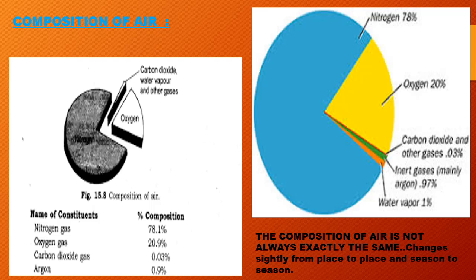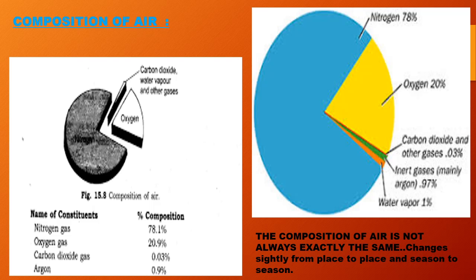Now we are coming to the percentages. Even in the picture, you can clearly see the maximum present gas in the air is nitrogen, which is about 78%.